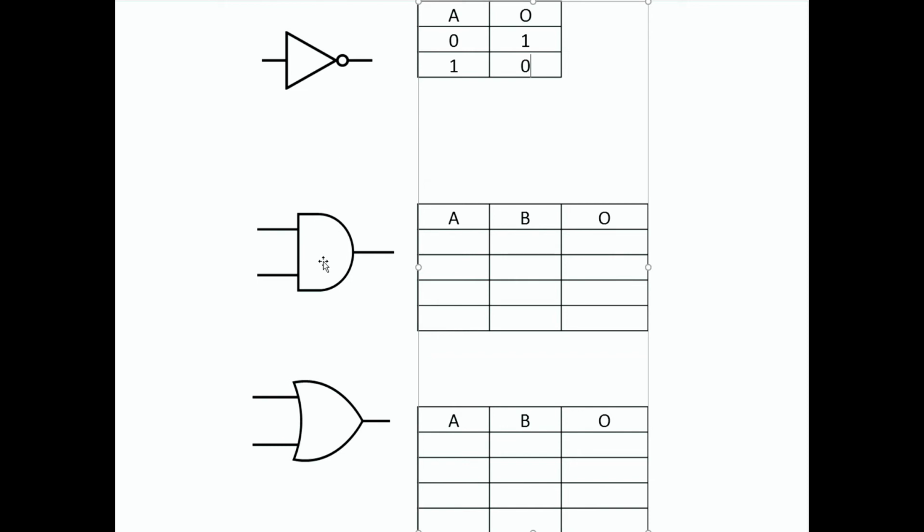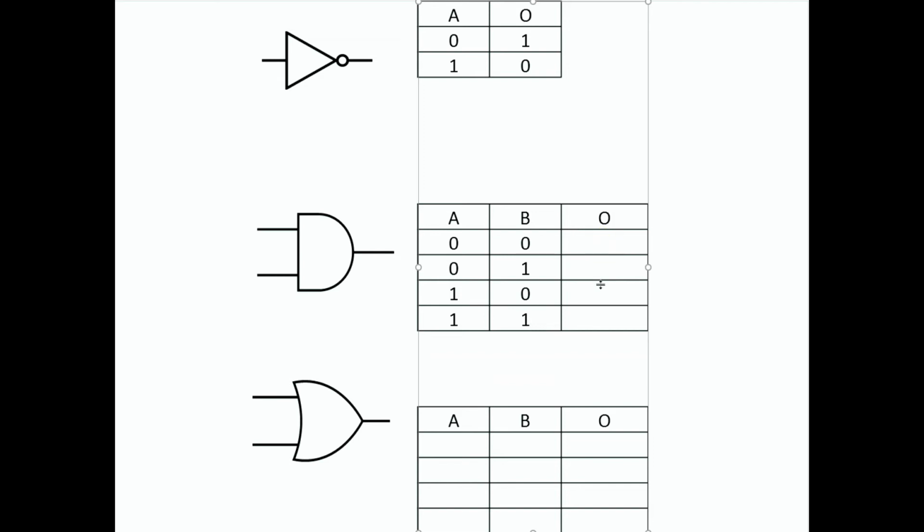For an AND gate, we've now got 2 inputs, A and B. So we've now got to fill these in as binary numbers, starting at 0 and going up to 3. So here we would put in 0 0, 0 1, 1 0, 1 1. Or if we did it in denary, 0, 1, 2, 3.